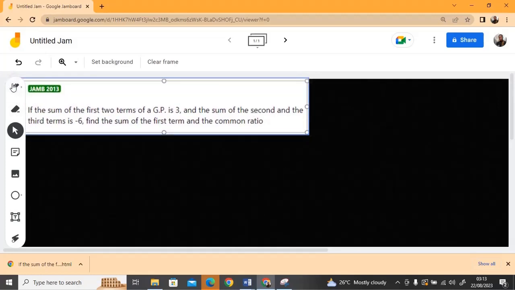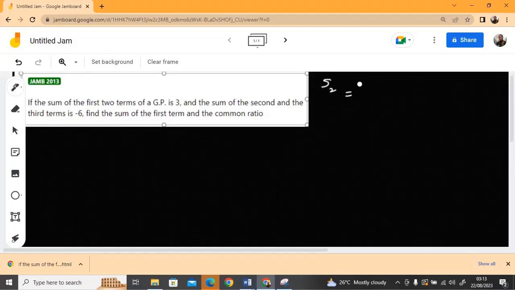Question. Now the question goes that if the sum of the first two terms of a GP is 3. You know the formula for the sum of the first two terms: S2 equals A(R squared minus 1) over R minus 1.